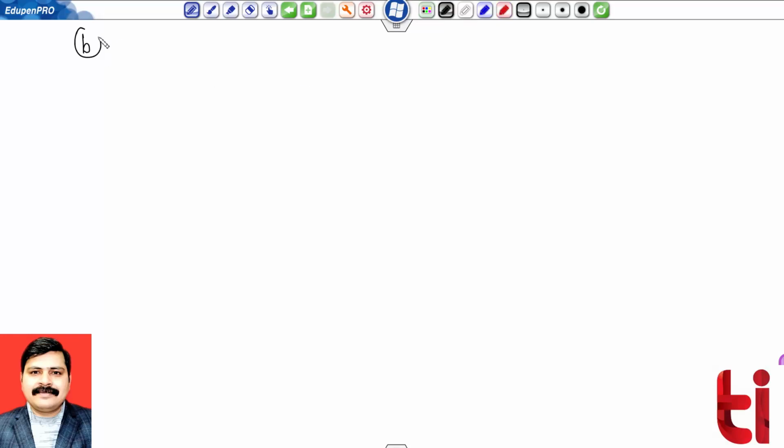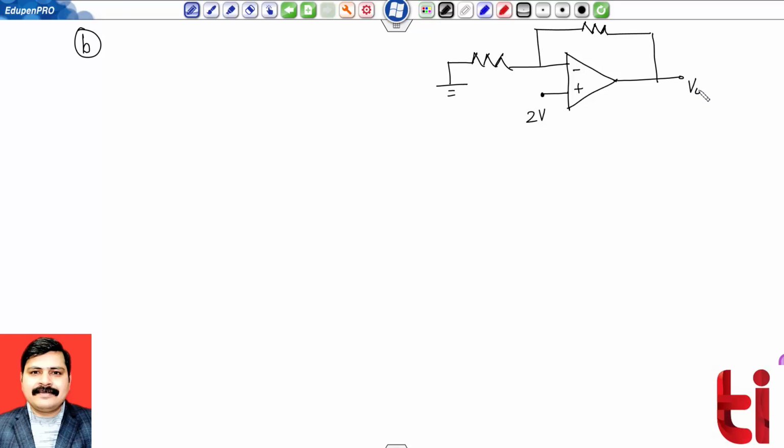B part of the circuit. Let us draw the circuit first. Now I will be a bit faster. Over here, the inverting terminal is grounded, a 2 volt signal is applied to the non-inverting terminal, and the feedback resistance is connected here, measuring output voltage V0.